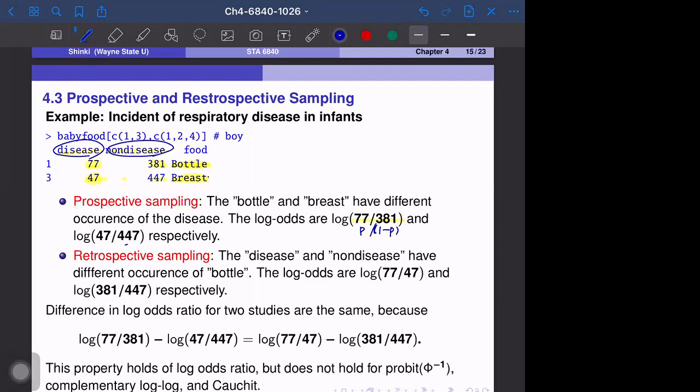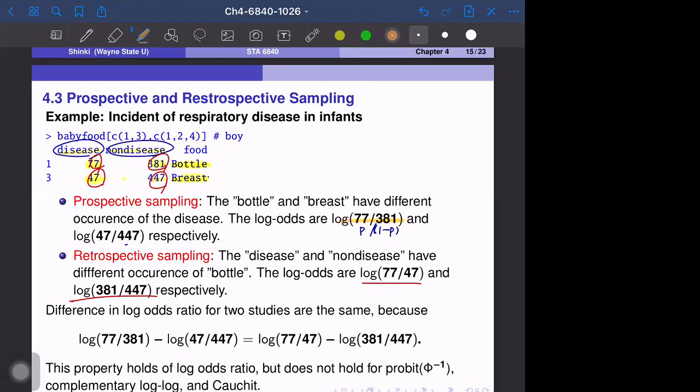So that proportion in terms of log odds is 77 over 47 and 381 over 447. The difference between these two numbers is the effect size. And you can see that we get the same effect size.